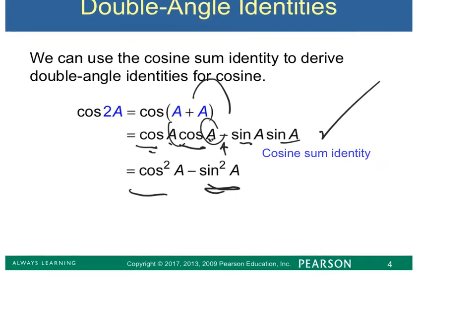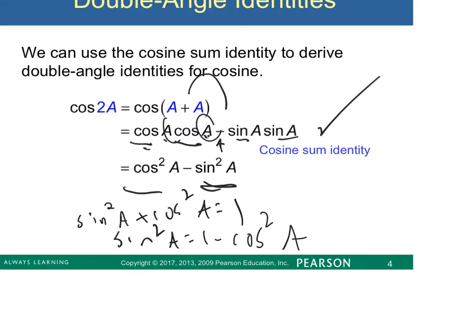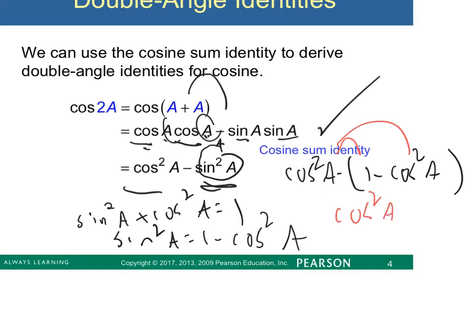But since you had another identity before, using your Pythagorean identity, sine squared A plus cosine squared A is 1, sometimes people will say, well, then sine squared A is really 1 minus cosine squared A. So you could take all of this and substitute, that's cosine squared A minus all of 1 minus cosine squared A. So distributing the negative gives you cosine squared A minus 1 plus another cosine squared A. So that gives you technically 2 cosine squared A minus 1.